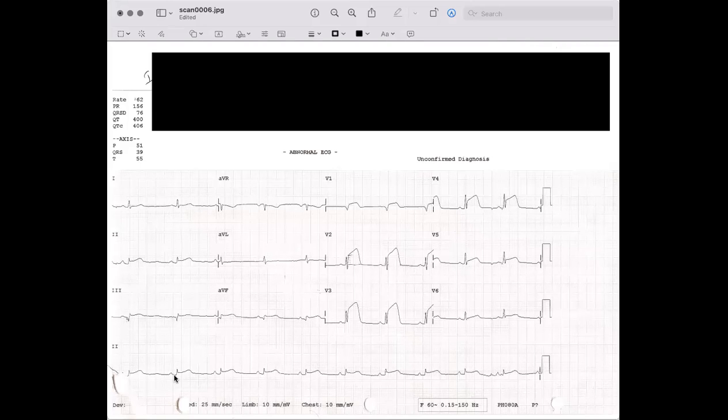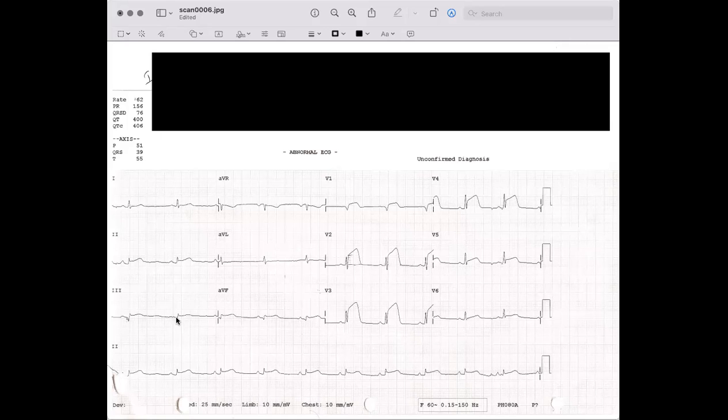Next, I will check the QRS. Is it narrow or wide? Anything beyond 110 milliseconds is wide, so about 3 small squares, right?